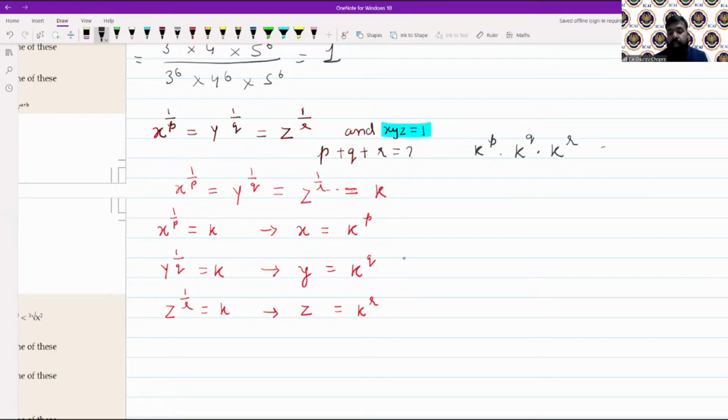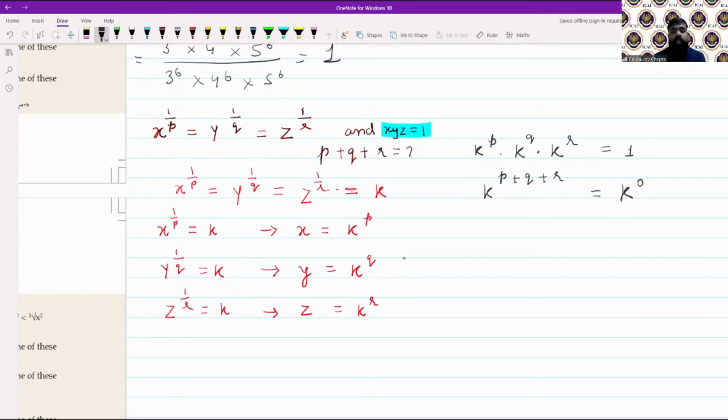So we have to multiply them and the result is equal to 1. So when base is same, add the powers. So p plus q plus r is equal to 1. And this 1 can be written as k to the power of 0, because anything having power 0 is equal to 1.